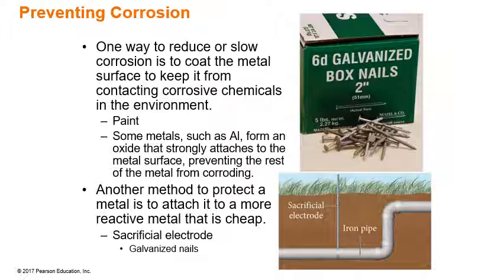And this corrosion happens even faster if we put two differing metals in contact with each other. So if you have like copper and iron or zinc and copper, this corrosion happens even more quickly. And so we have to protect the metal.